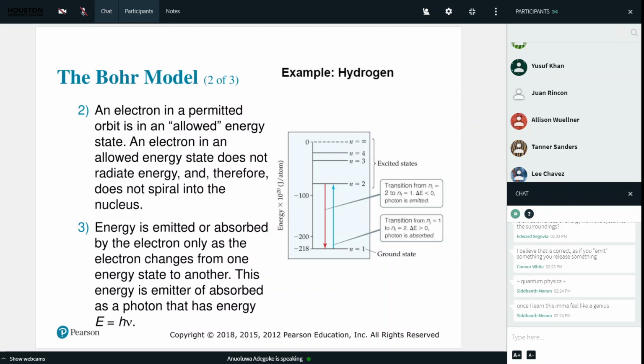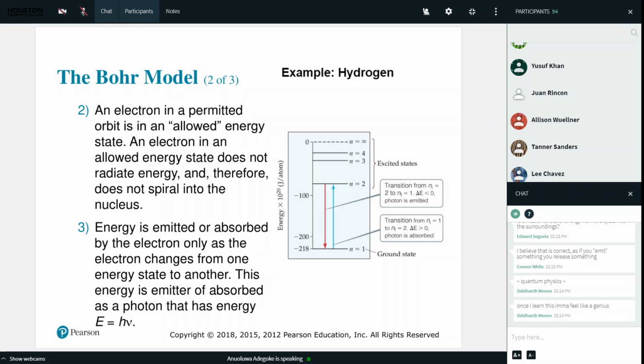Whenever there's emission, light will be emitted, and if that light falls between 400 and 750 nanometers of wavelength, then we can see it with our naked eye. The energy of the light that we can see is calculated with a formula, where E stands for energy, h stands for Planck's constant, and v stands for frequency.